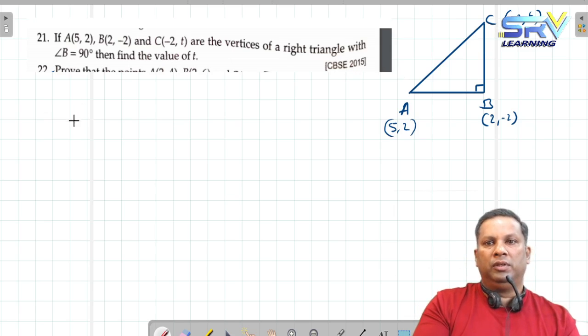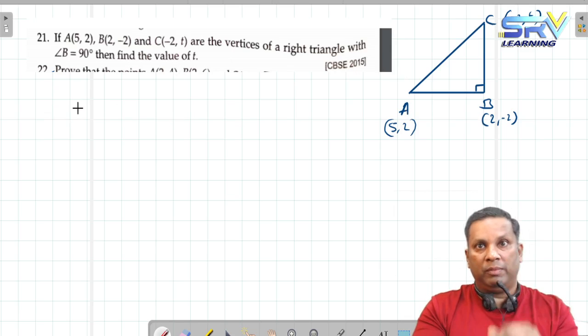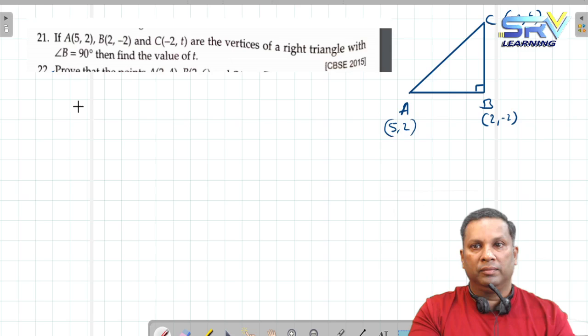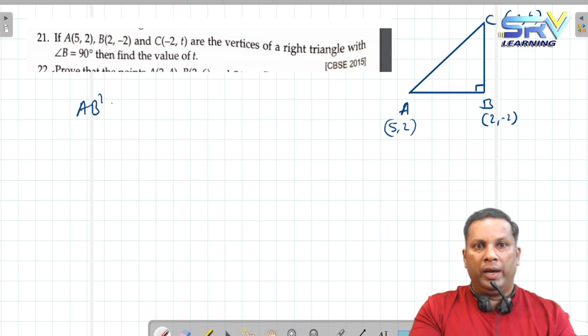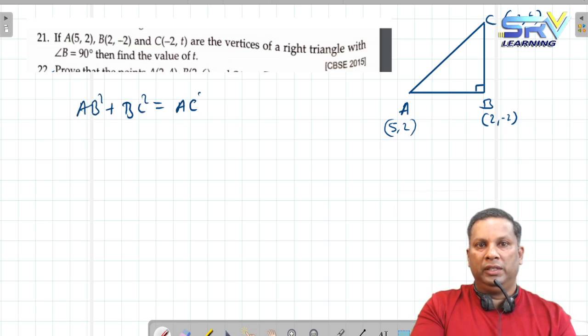So in a right angle triangle Pythagoras theorem applies, and there what happens? AB square plus BC square should be equal to AC square.